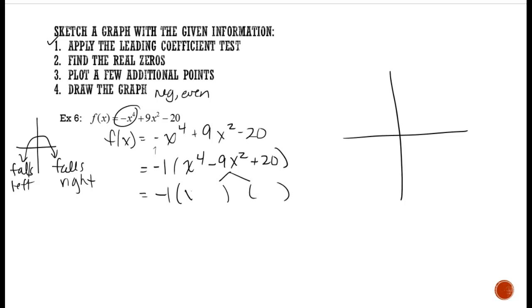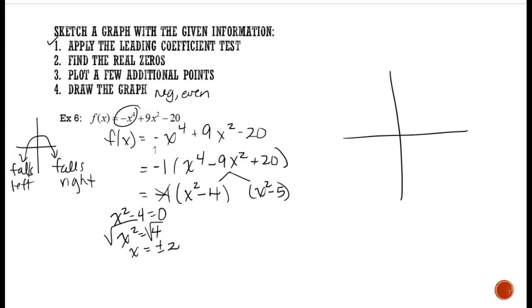This would be x squared minus 4 and x squared minus 5, right? So we set each one equal to 0. Now the negative 1 is not equal to 0, so you can ignore that. So I'm going to take x squared minus 4 equal to 0. So x squared equals 4. Take the square root. You find that x is plus or minus 2.